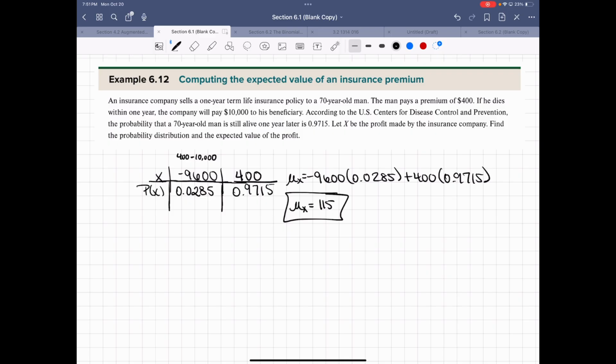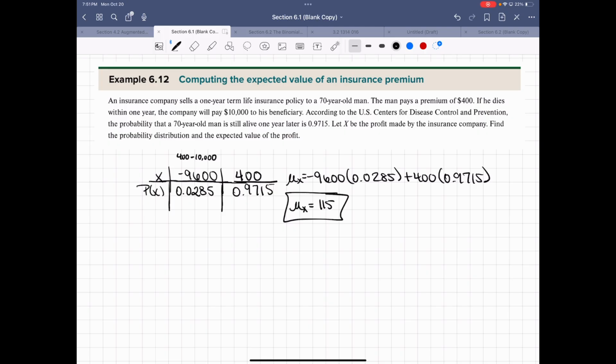He doesn't already have congestive heart failure. He probably doesn't have high blood pressure. They take all that into account when they charge you a rate. And they send somebody out to your house to take your blood pressure. They measure your cholesterol count, all that stuff. Okay? And they send it all off and they go, oh, we're going to charge you this much versus this much. So there's a 97% chance this old man's going to be alive within a year.